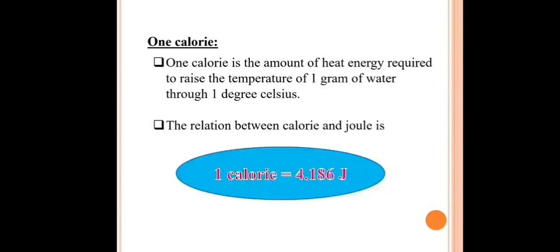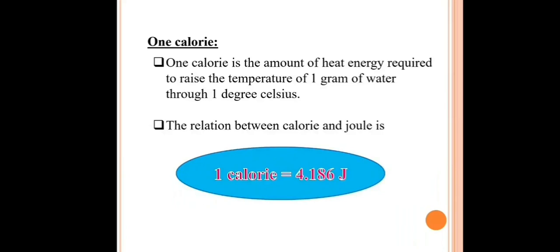Now we'll see what is 1 calorie. So this is an important definition. 1 calorie is the amount of heat energy required to raise the temperature of 1 gram of water through 1 degree Celsius.